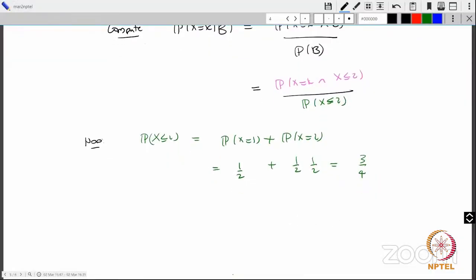So now let me compute this pink part. This is going to be equal to what?